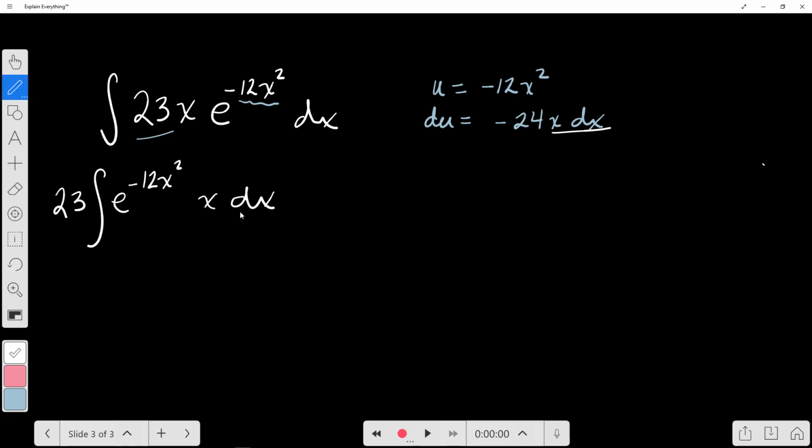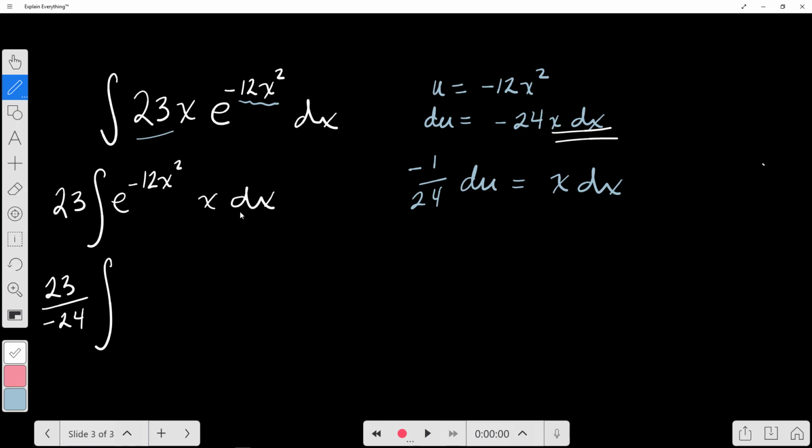As you can see, all I need is the x dx, so I'm going to have to divide off a negative 1 over 24, and that gives me my x dx. So I get 23. I'm going to put my negative 1 over 24 over here, and my e to the u du.